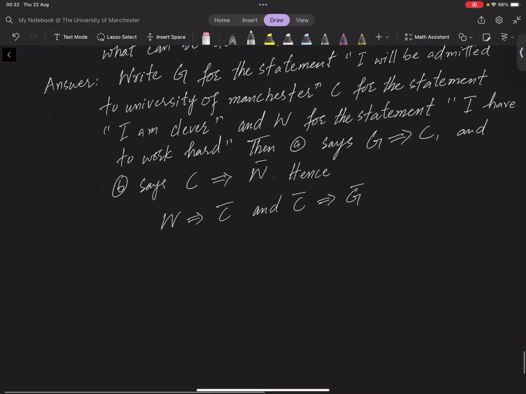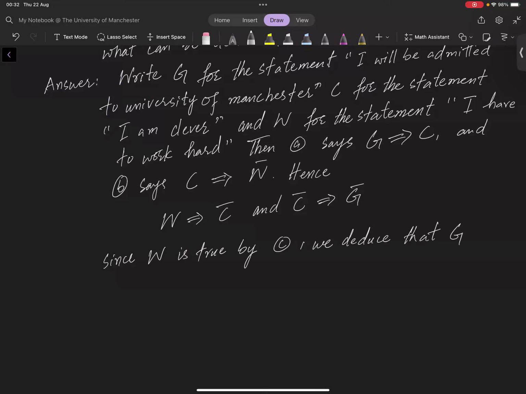Something like that. Now, since W is true by part C, we deduce that G bar is true, i.e., I will not be admitted to the University of Manchester.